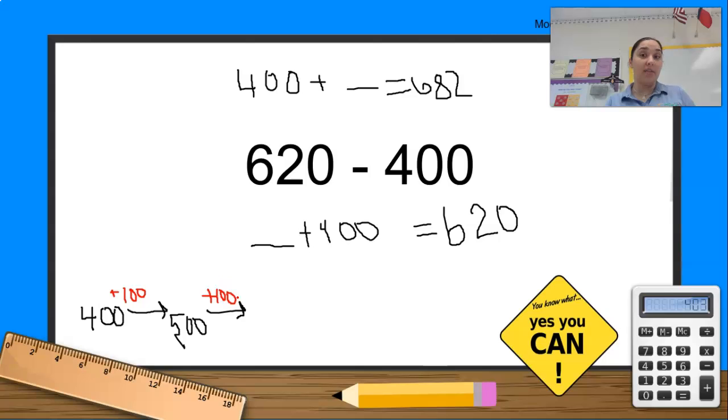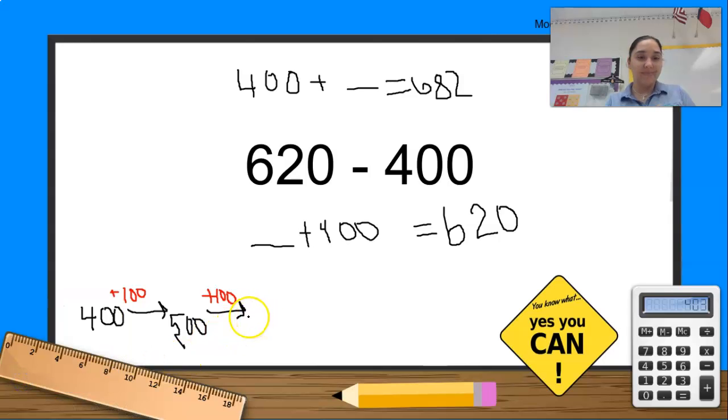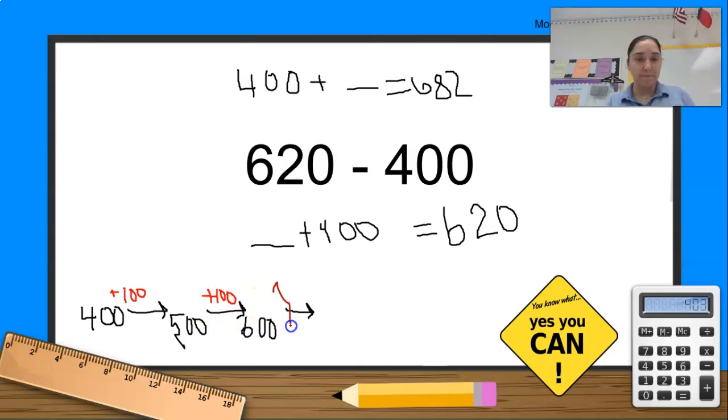It gives me what? Yes, 500 plus 100 gives you 600. Am I already at 620? Are we close? Yes, boys and girls. So 600 plus one number gives me 620. Yes, boys and girls, plus 20.